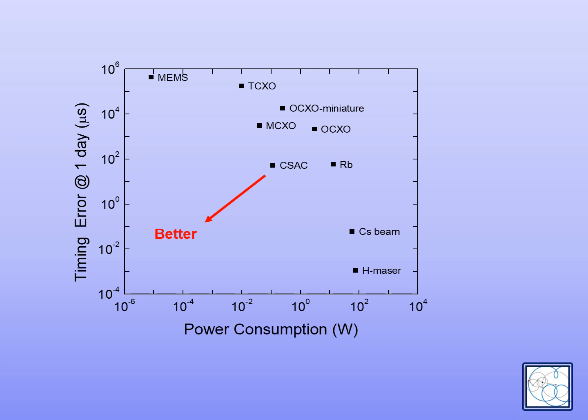And then the power consumption, as you see in watts on the horizontal axis, and you see that a better clock would be lower power but lower timing error, and it's hard to get the best of everything in one device.